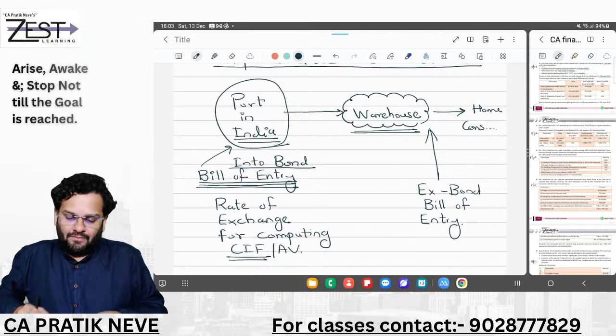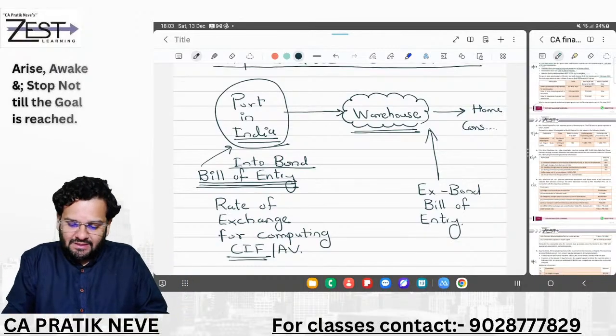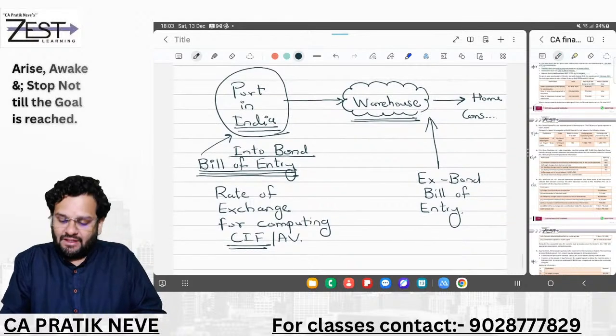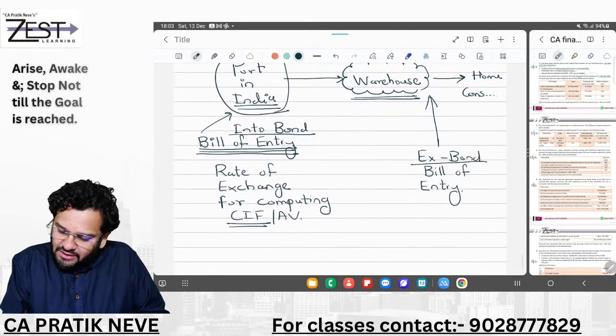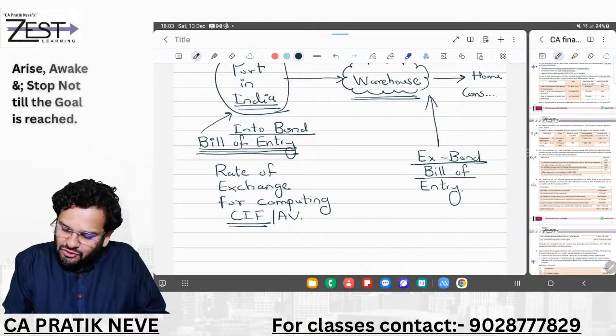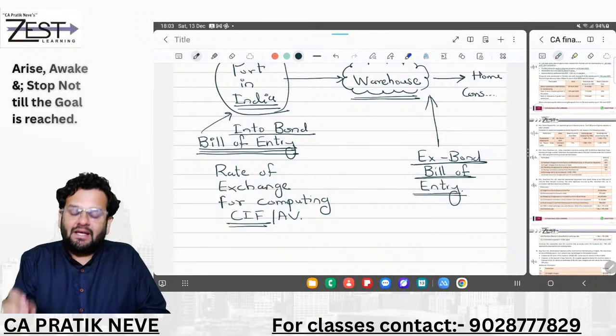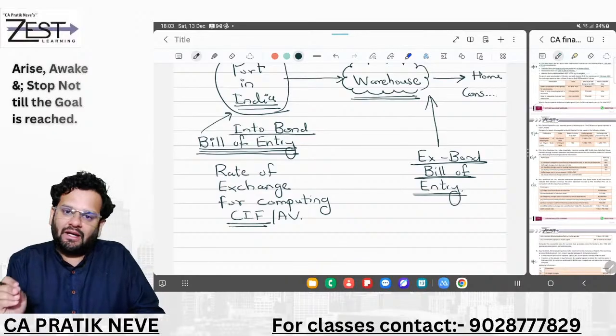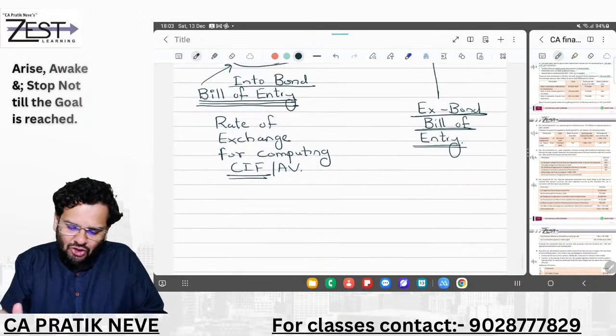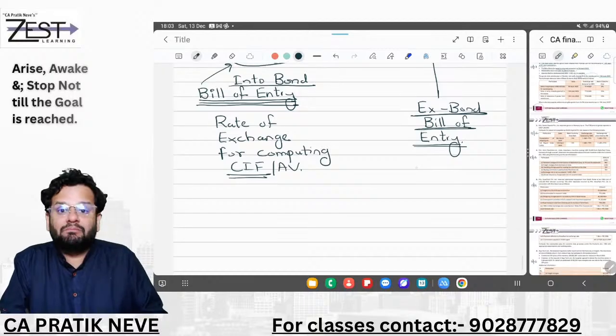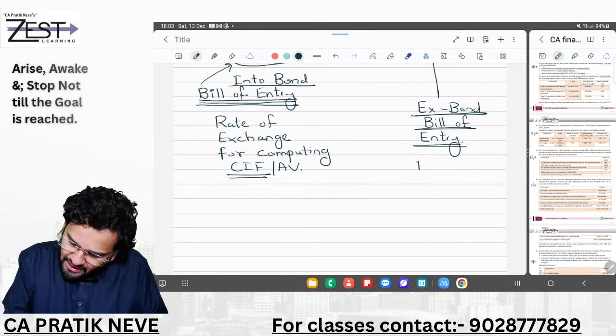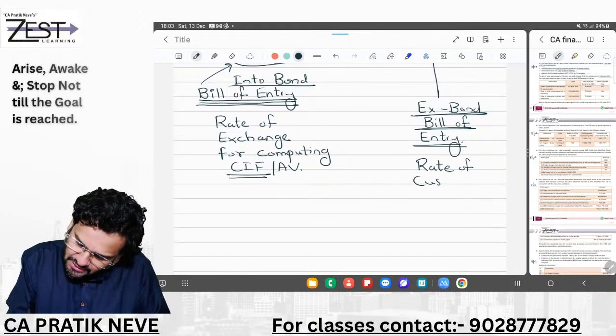Okay, so it is called the into-bond bill of entry, and here the bond is coming to an end because you are paying the duty and clearing the goods, so that is called the ex-bond bill of entry. So as on the date of the ex-bond bill of entry, you take the rate of customs duty.